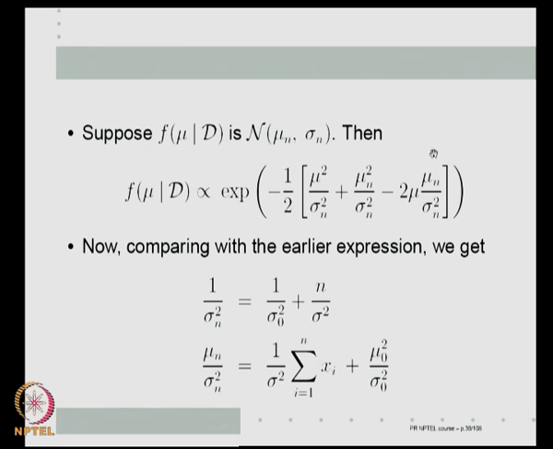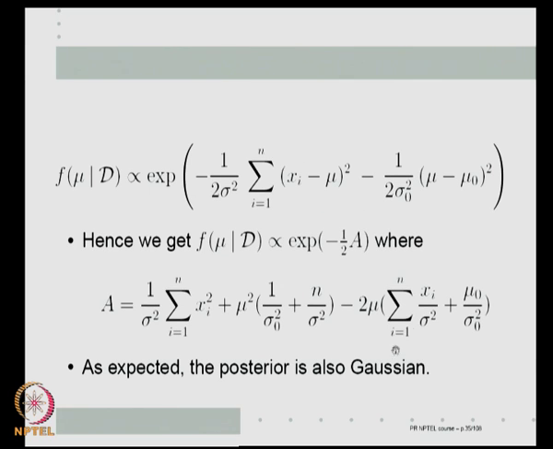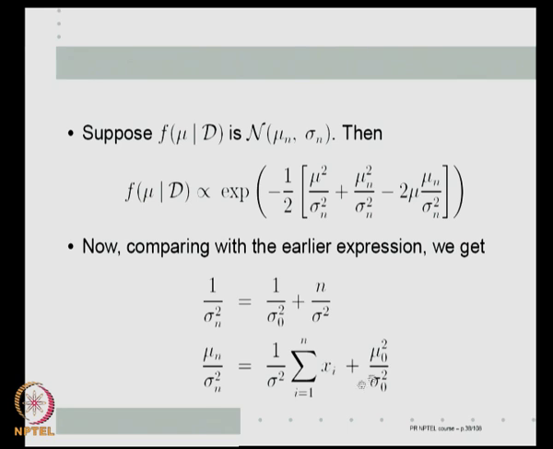Similarly, if I take the coefficient of 2 mu, that is mu n by sigma n square. What is the coefficient of 2 mu we got earlier? It is 1 by sigma square summation xi plus mu 0 by sigma 0 square. So, by comparing coefficients, we get these equations where the unknowns are sigma n square and mu n, right. That is what we want to find.